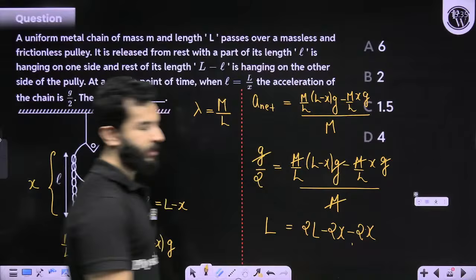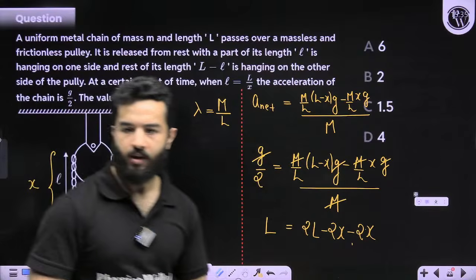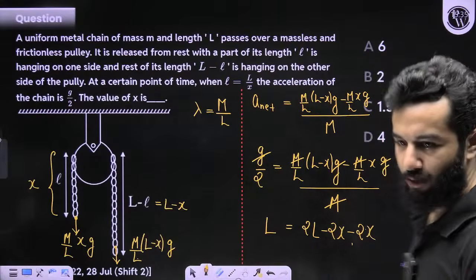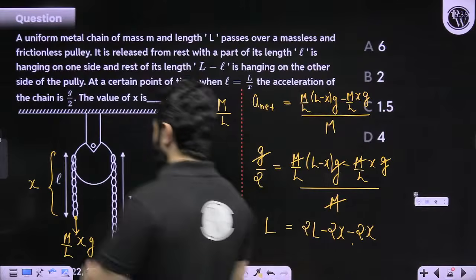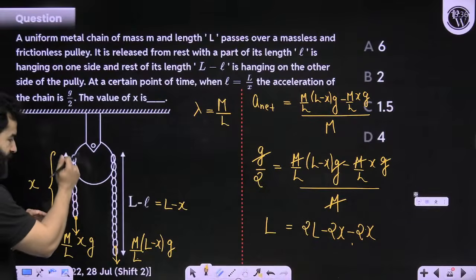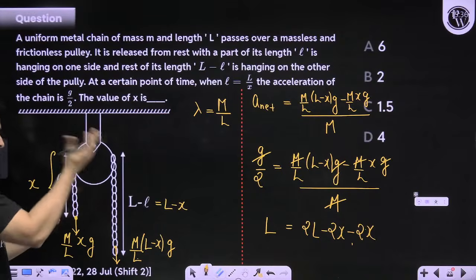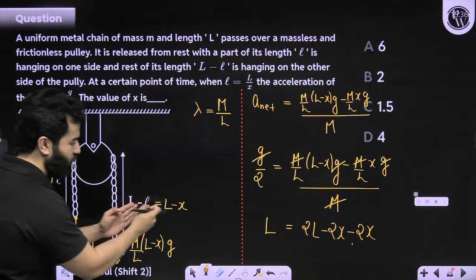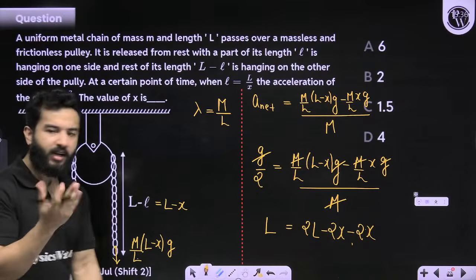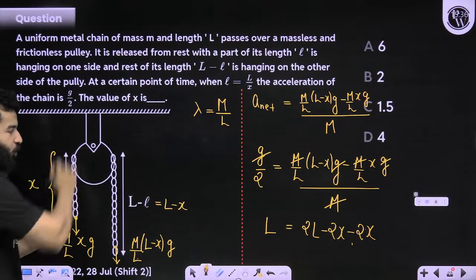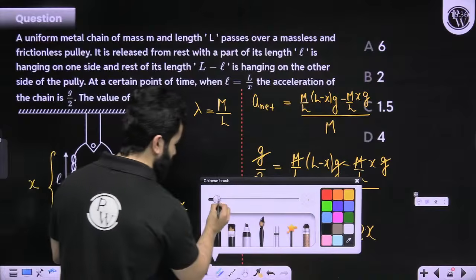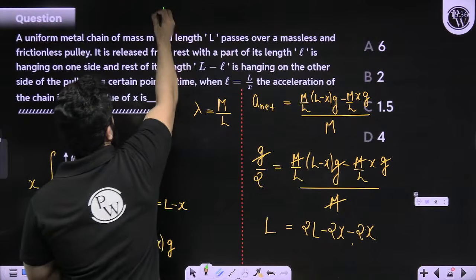Now kindly see. See, my dear friends, now everything is clear. Initially I had selected this as L by x. That is wrong. Let's suppose that this is x part, so this will automatically become L minus x. If this is x length and total length is L, I am explaining it to you.